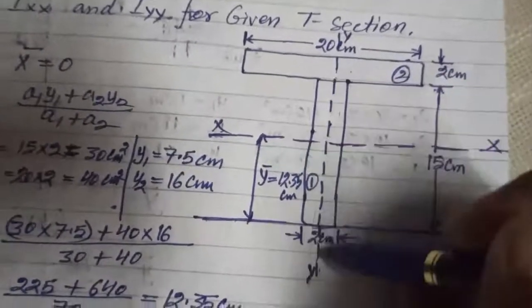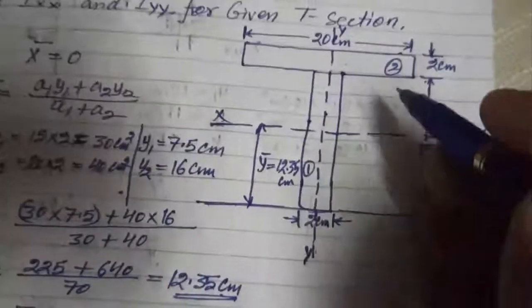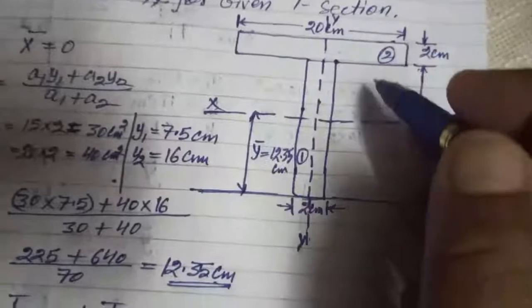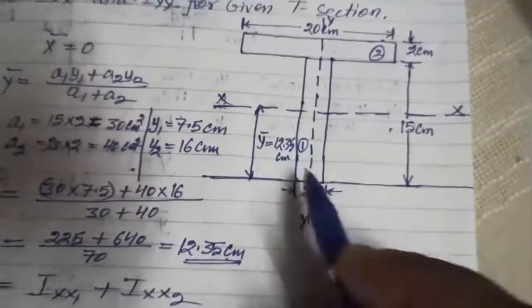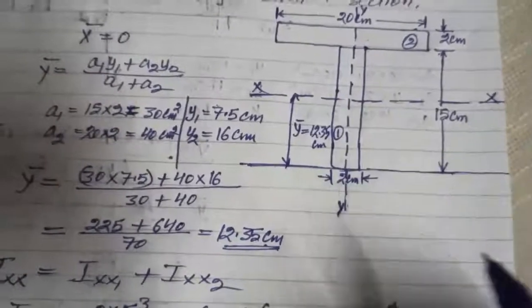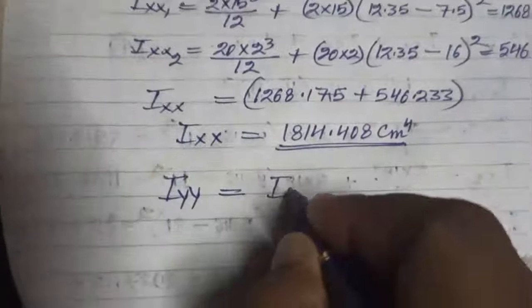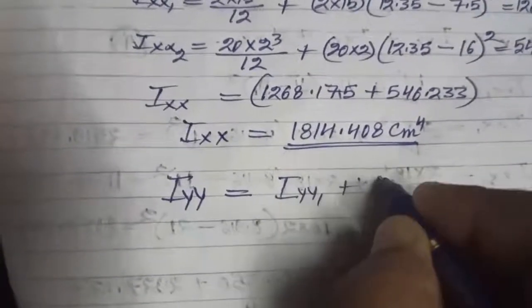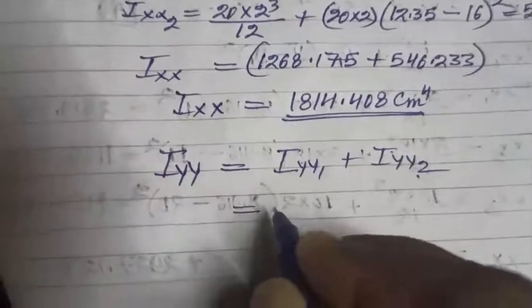So this line is common for all centroids, so we do not require the parallel axis theorem. These can be directly added: IYY1 plus IYY2, equal to DB cube.